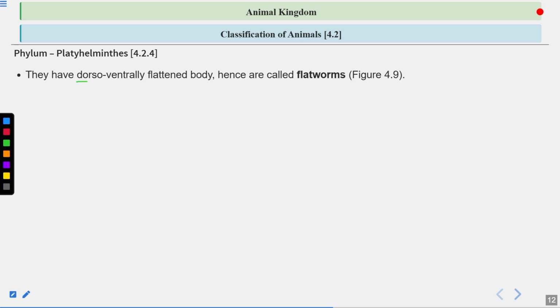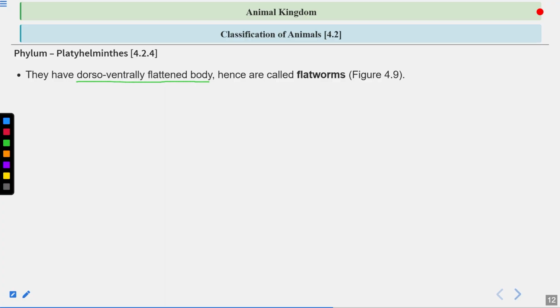They have a dorso-ventrally flattened body. Dorso-ventrally flattened means the body is very flat, like a paper. The paper has 2 surfaces. The one surface that is above is the dorsal surface, and the other surface below it is the ventral surface.